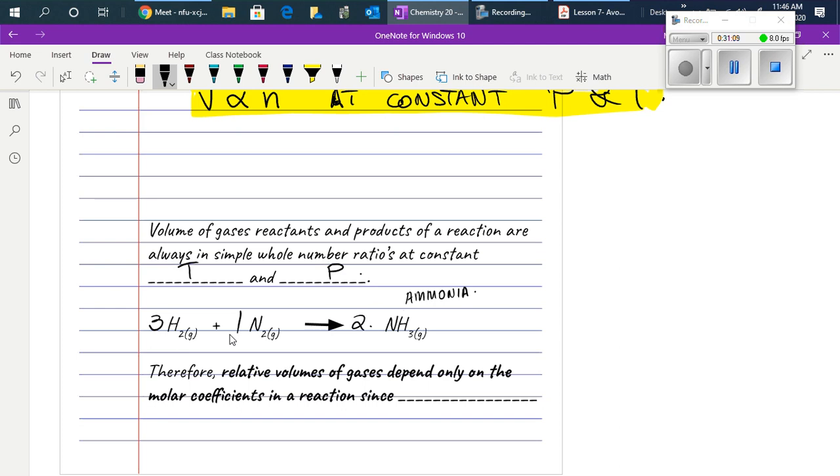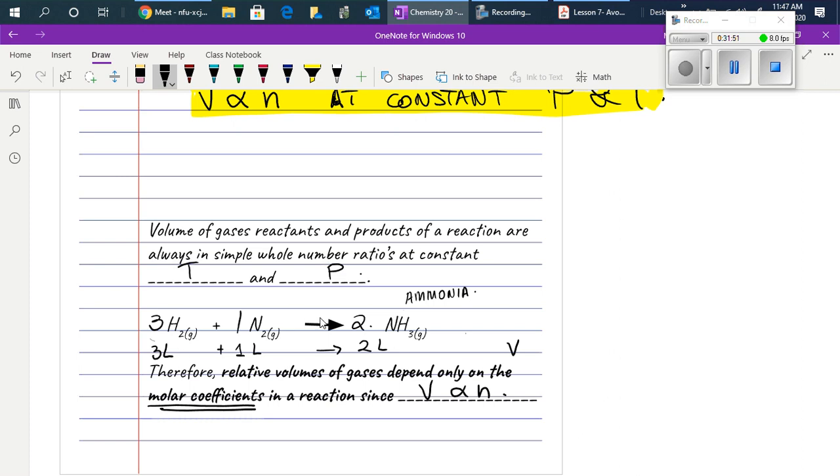So that is telling us that if we have 3 liters of hydrogen reacting with 1 liter of nitrogen, then we will have 2 liters of ammonia. So the volume is in direct proportion, considering that the temperature and the pressure are kept constant. Therefore, the relative volume of the gas depends only on the molar coefficient of the reaction.